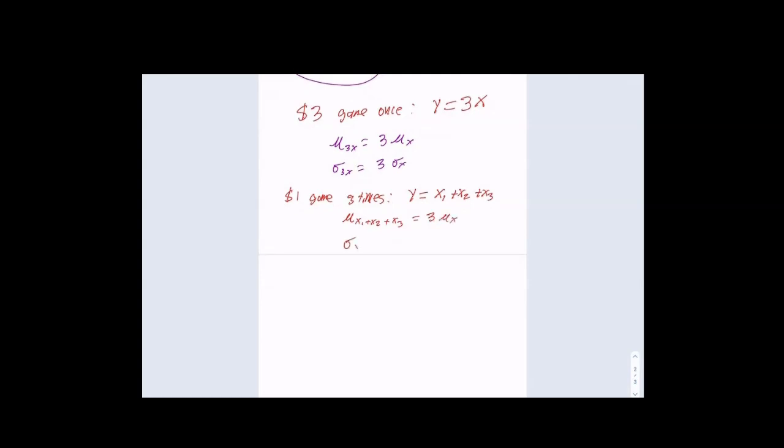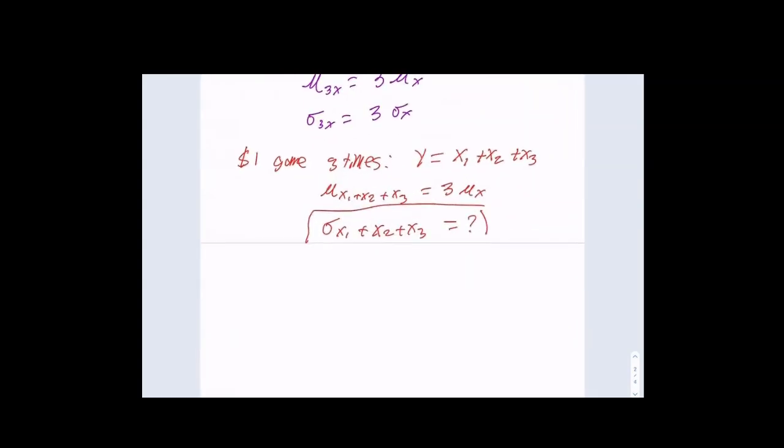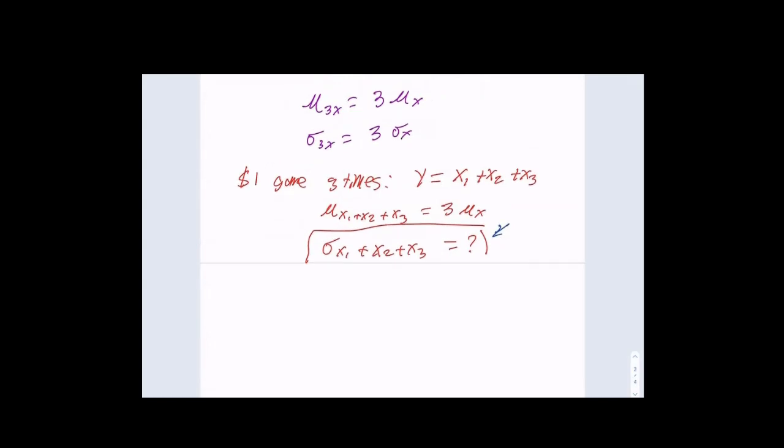But the standard deviation of x1 plus x2 plus x3 is not 3 times the standard deviation of x. But here's the big kicker. If you play the game 3 separate times, do you think the standard deviation will be smaller, bigger, or the same as playing just one $3 bet?